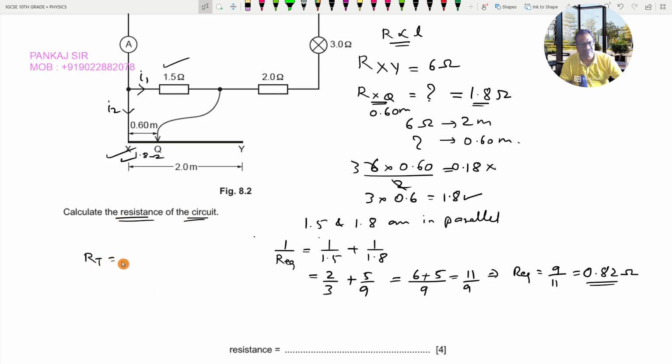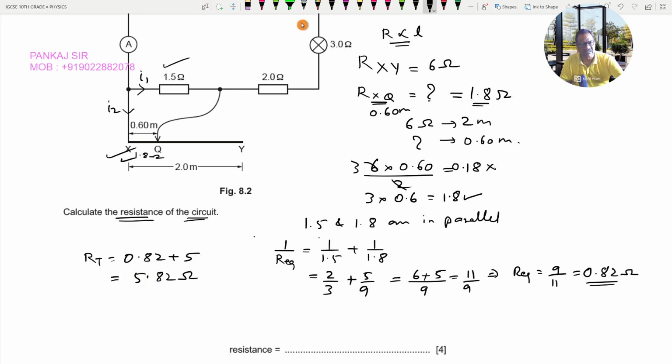So RT will be equal to this R equivalent we have found out, which is 0.82, plus two more resistances, 3 and 2, which add up to 5, and this will be in series with this. So 0.82 plus 5, the total will be 5.82 ohms.